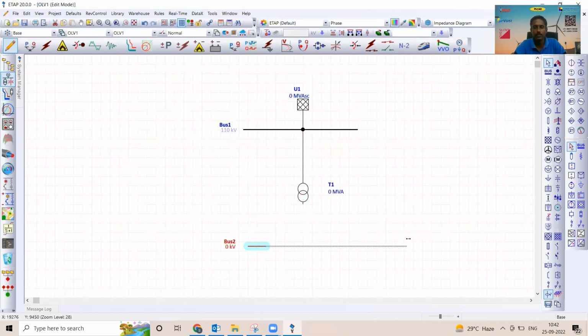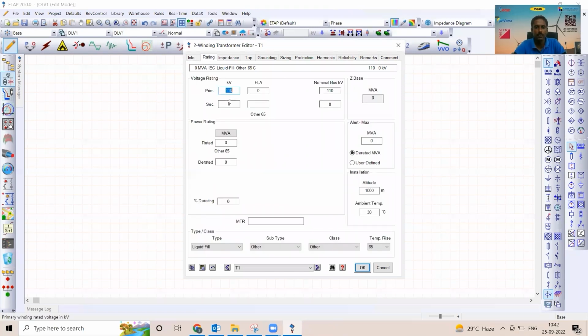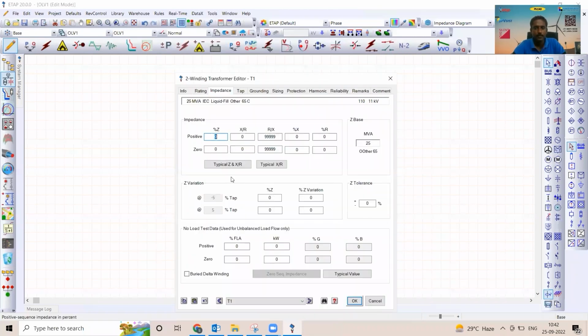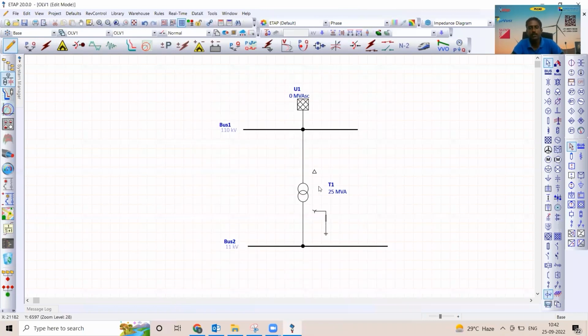Let's take a 110/11 kV, 25 MVA transformer. Just give me a second, I have to move some cursors here and there. All right. So, 110/11 kV, 25 MVA transformer, and let's compare.